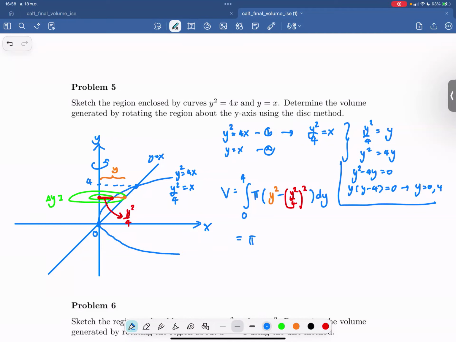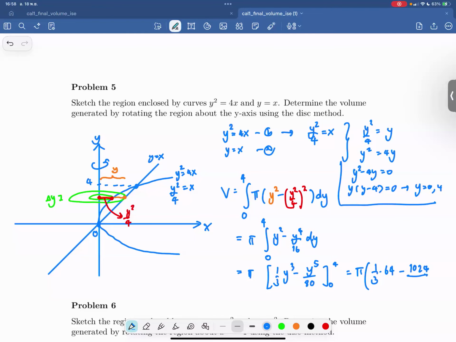Okay, so we just calculate it. y cubed over 3, and y to the fifth over 80.